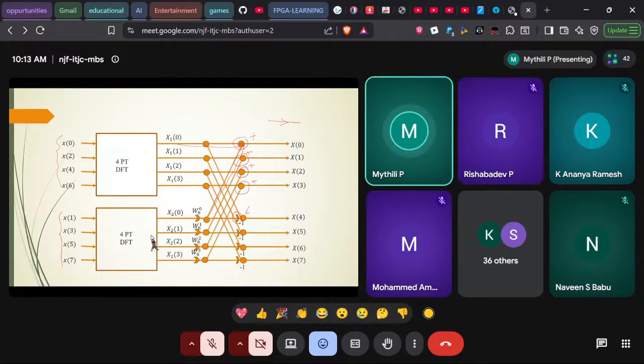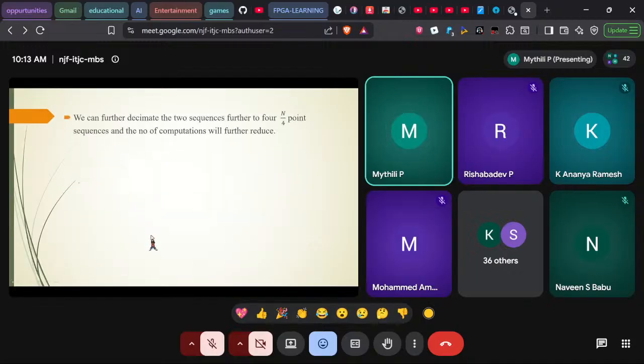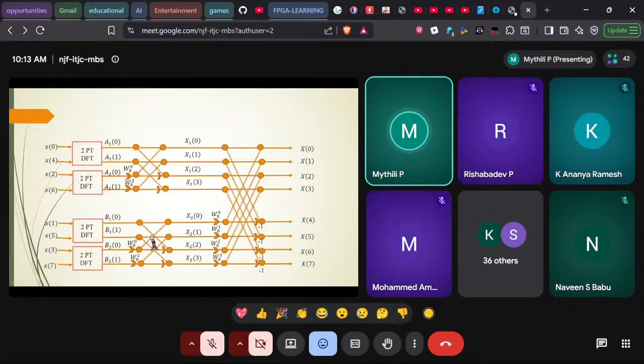Now the next stage is to decompose this into 2-point DFTs. As I said, you can further divide the even of the even and the odd of the even. The even of the even is 0 and 4. The odd is 2 and 6. You can ignore these equations. We can go back to the second stage.